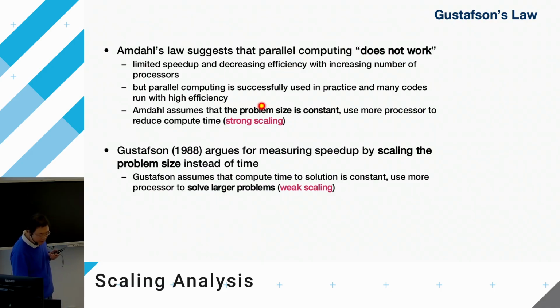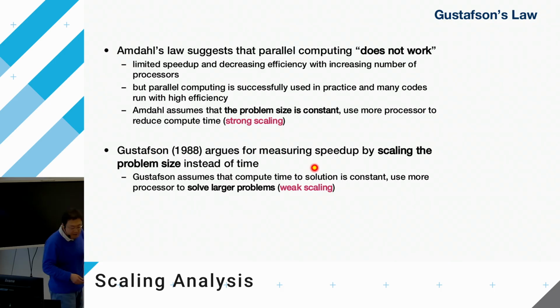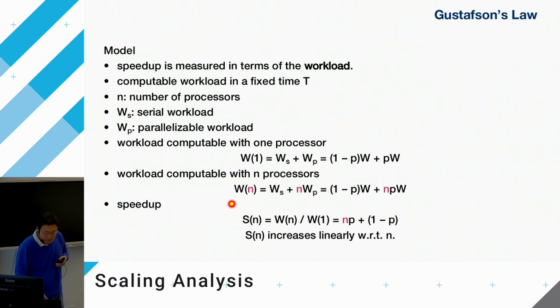And then Gustafson argues that we may measure the so-called speed up by scaling the problem size instead of runtime, so that we can utilize a large HPC system to solve a much larger problem, to simulate, for example, a large collection of atoms.